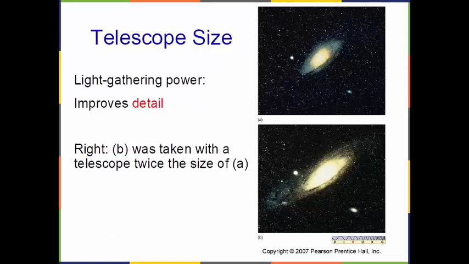So here are two images. The bottom image was taken with a telescope that's twice the size of the top image. Notice how much more detail we get. We can actually see more stars and more detail, and we get more light, and the picture quality is clearer.